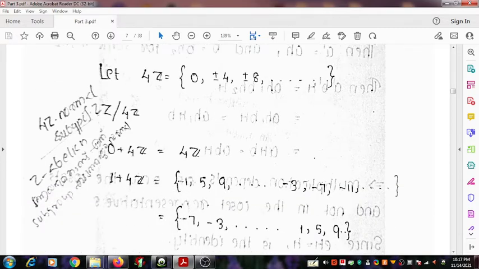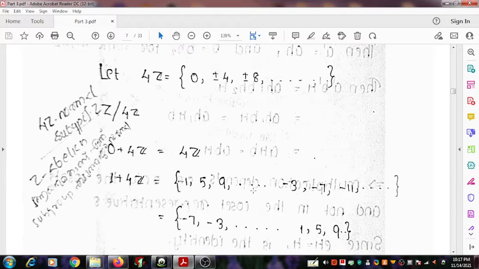When we define 1 plus 4Z, we get the elements 1, the first element, and then 5, 9, etc. There we have a sequence going in the positive direction of the real axis.